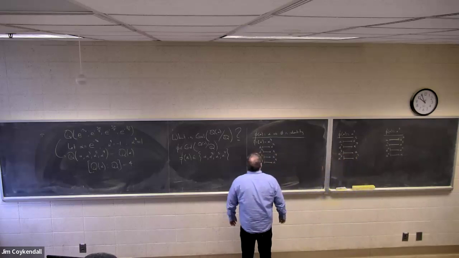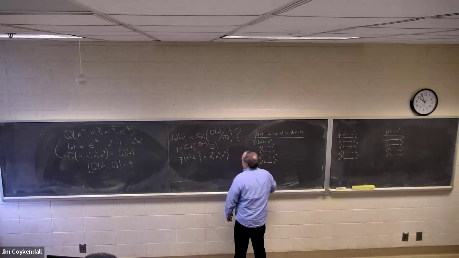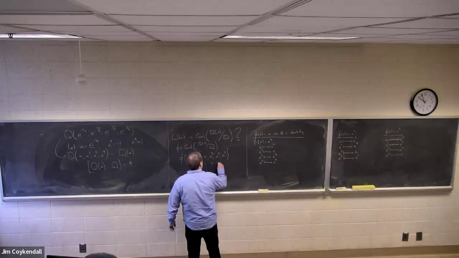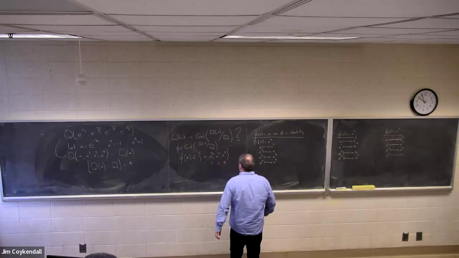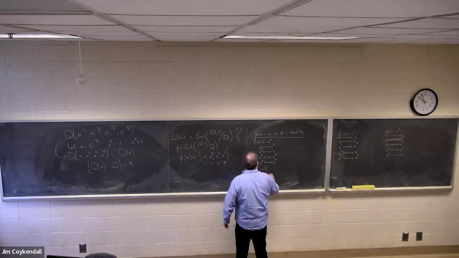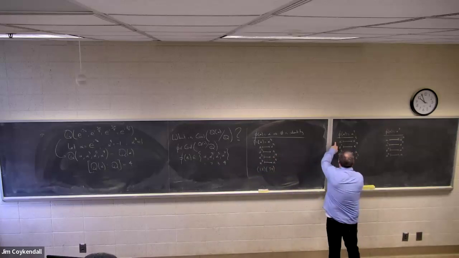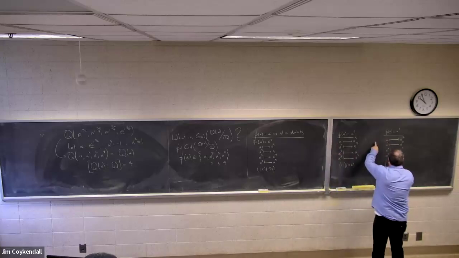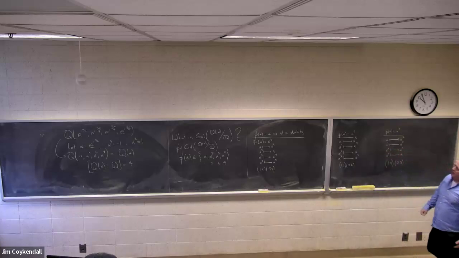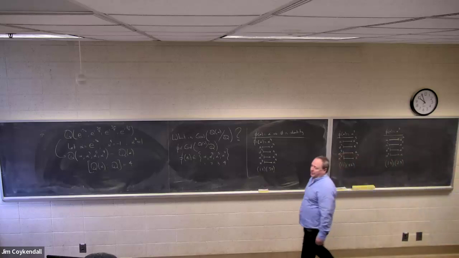In fact, if I number these roots 1, 2, 3, 4, this one is the permutation (1 2)(3 4), this is the permutation (1 3)(2 4), and this is (1 4)(2 3). And of course, I left out the identity. This is the Klein four subgroup of S4, in fact, the normal Klein four subgroup.